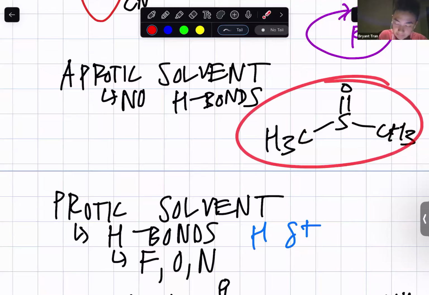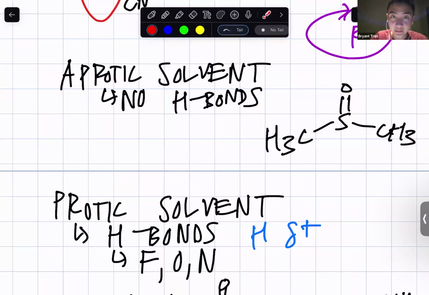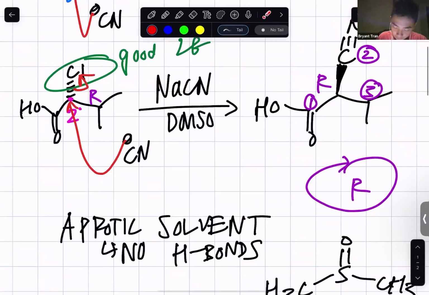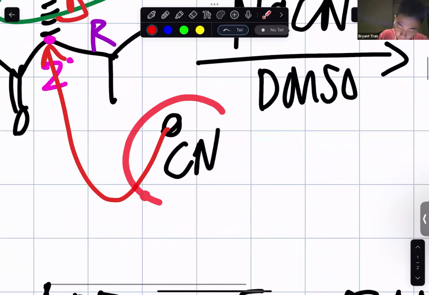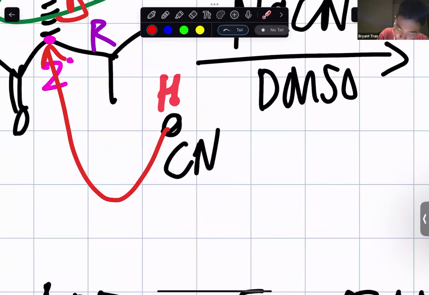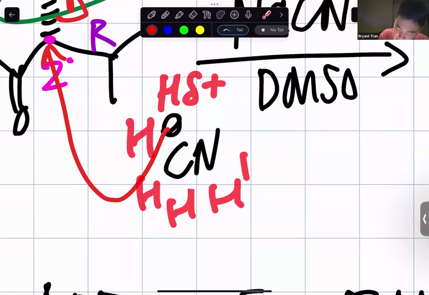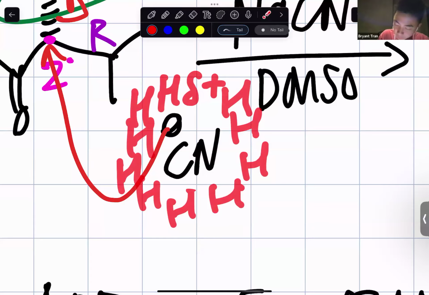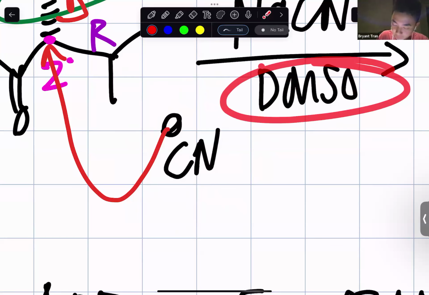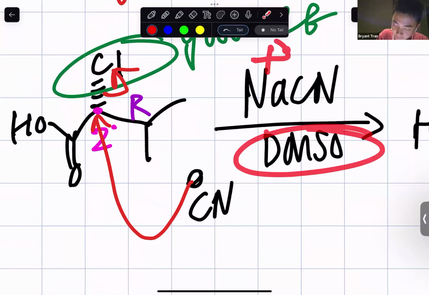And this right here, because it's a product, it won't interfere with the reaction, right? Like this CN minus here, it won't be surrounded by partial positive hydrogens, right? If it was water or alcohol, the partial positive hydrogens would surround the nucleophile, making the nucleophile weaker. But because this is an aprotic solvent, it's just going to be there to facilitate the reaction, to make the ions exist somewhere.